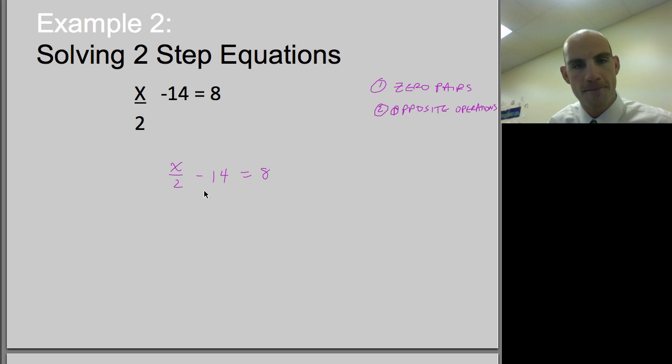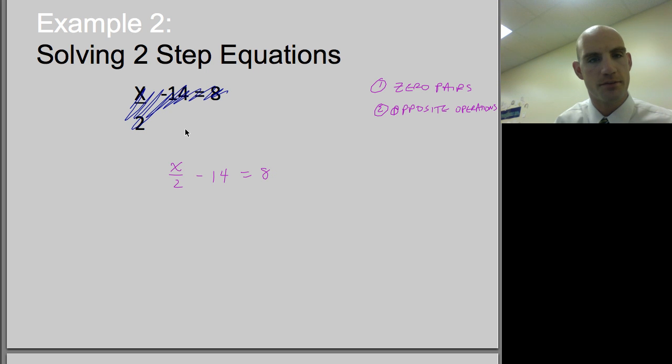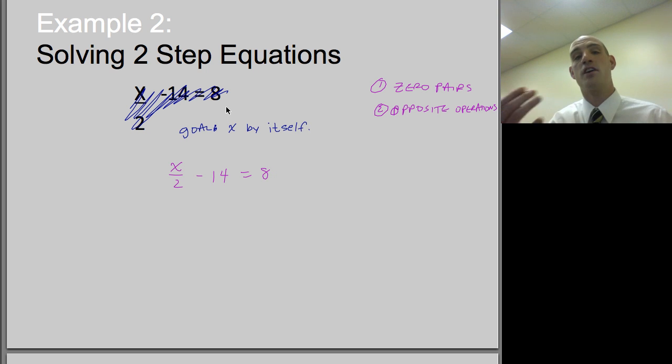Well, if I look at this equation, I see here that I have this minus 14 and I have divided by 2. Well, let me cross this out so it's less confusing. My goal is to get x by itself. My goal has not changed. I still have that goal to get x by itself. And my strategy is to do zero pairs and opposite operations.